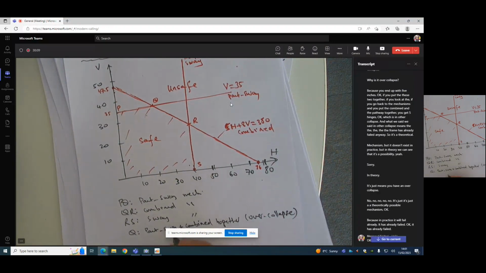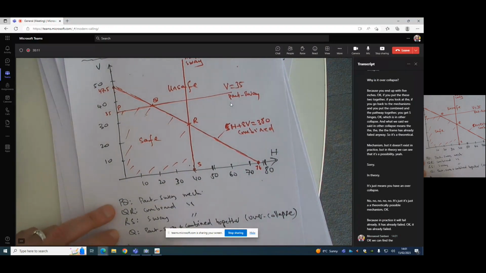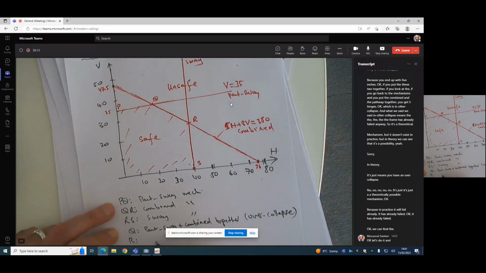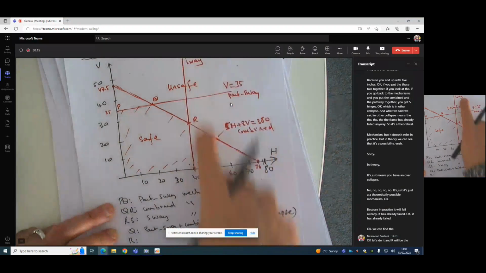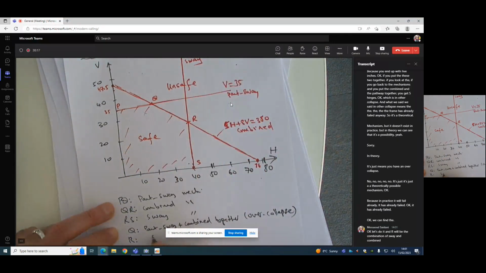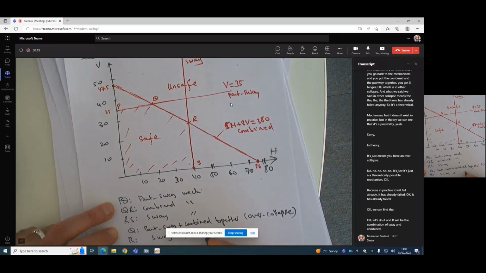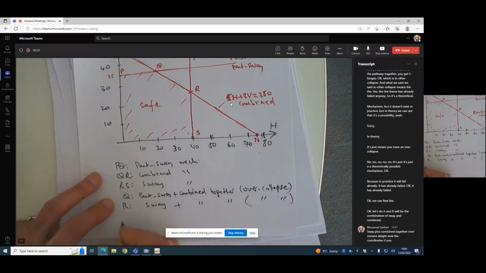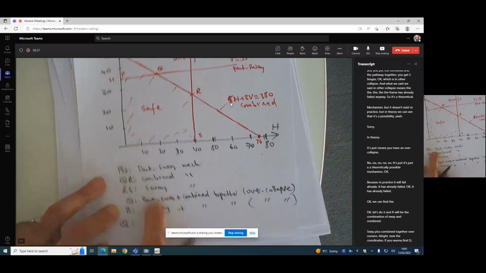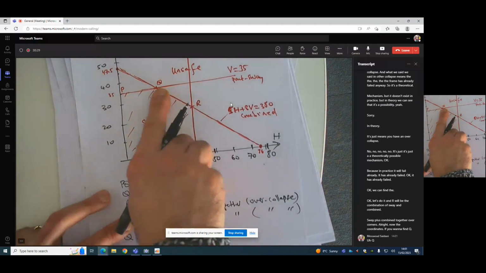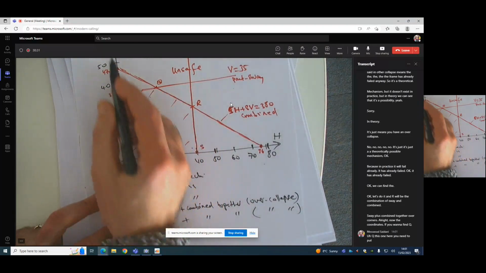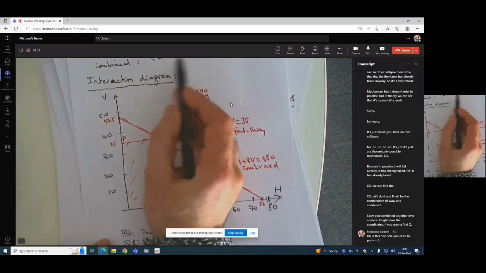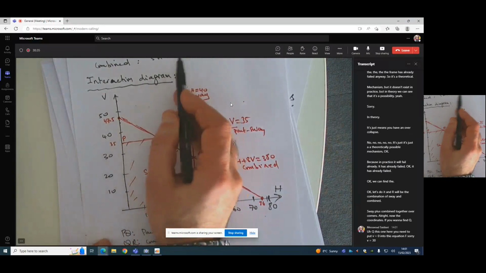Okay. And R will be the combination of sway and combined together, overcollapse. All right. Now the coordinates, if you want to find Q, you need to put V equals 35 into this equation.